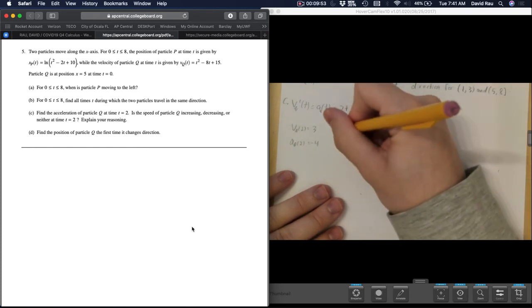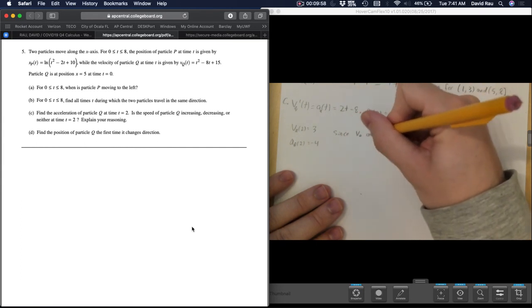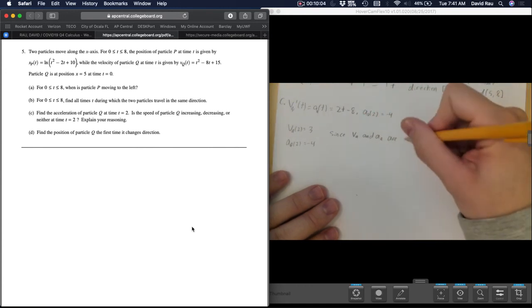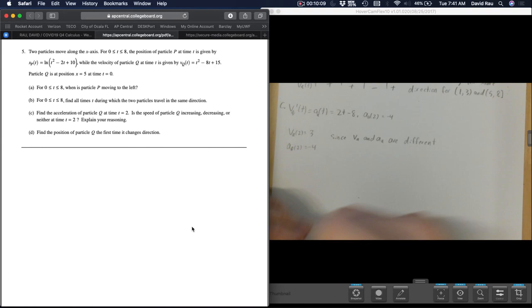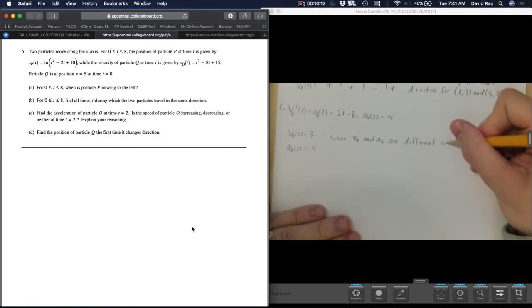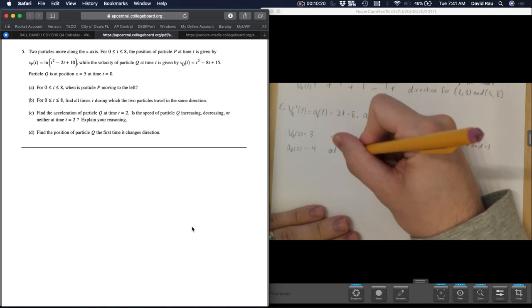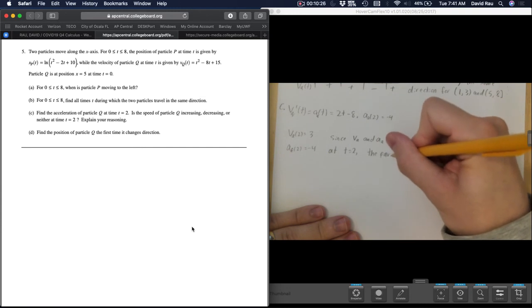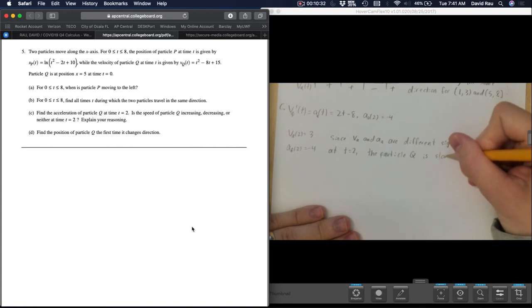All right, so since V of Q and A of Q are different signs, positive and negative, at t equals 2, the particle Q is slowing down.